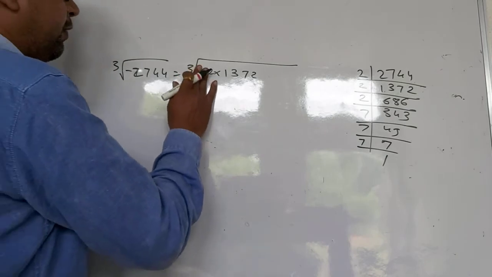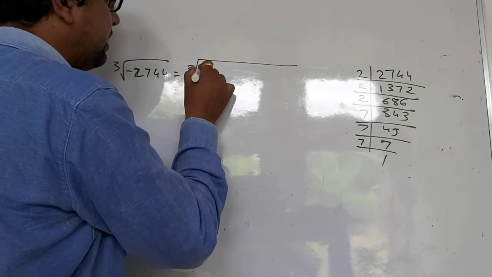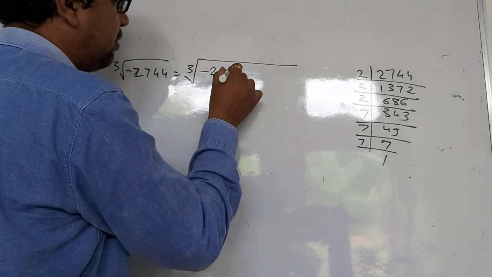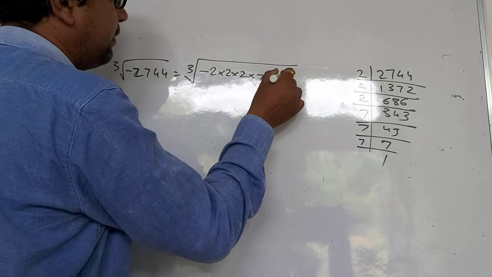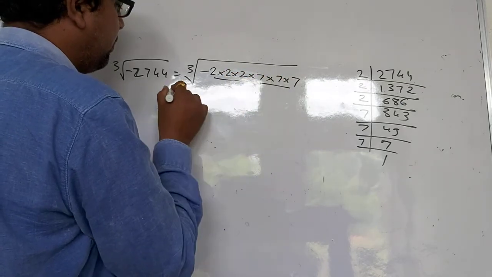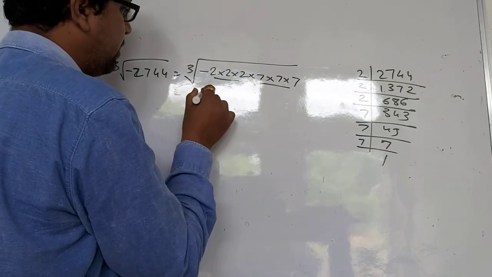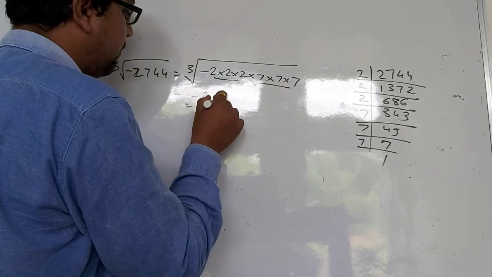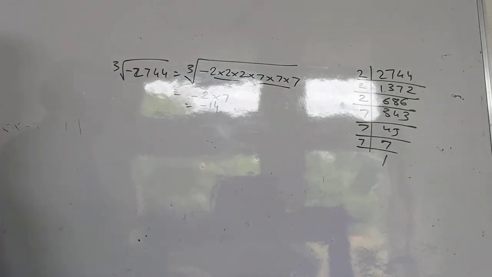So you can write in this form. So minus, as it is 2 into 2 into 2, 7 into 7 into 7, make 3 3's group. So minus 2 into 7 you get, that is minus 14. In this way you can find the answer.